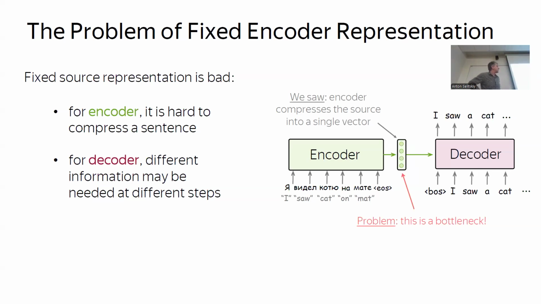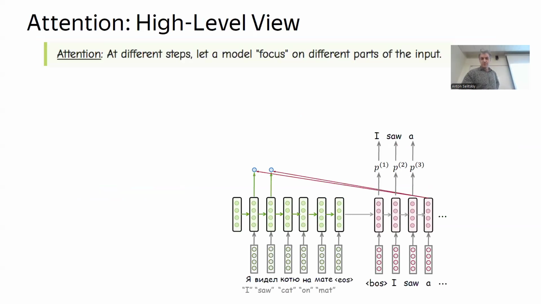We have input tokens, then an encoder which can be an LSTM. Then we use the hidden vector, the output from the LSTM, and use this as input to the decoder.